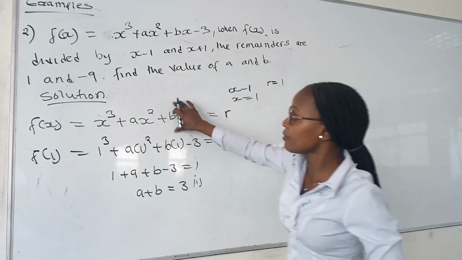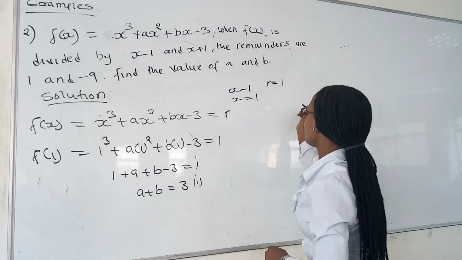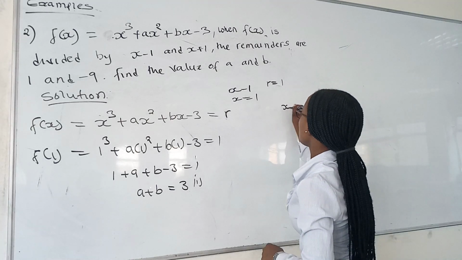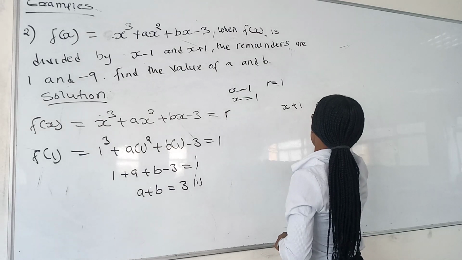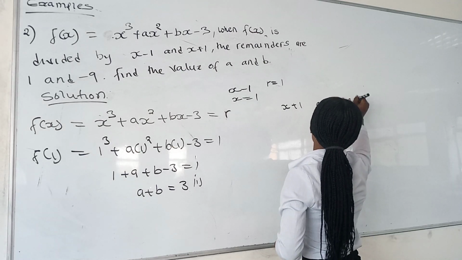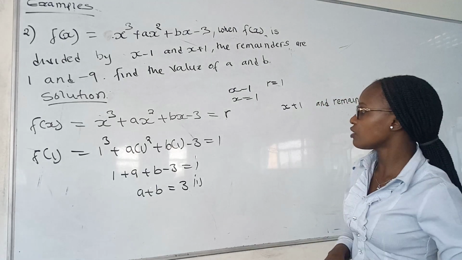Because the same function is now being divided by x plus 1, and the remainder is negative 9, that's what we've been told.